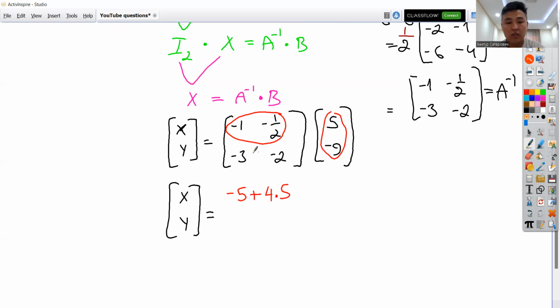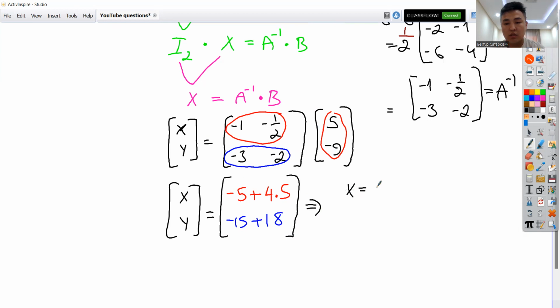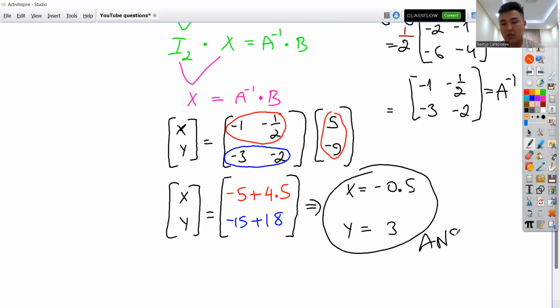Then the second row, -3 multiplied by 5 will give me -15. And then -2 multiplied by -9 will give me +18. From here, we can see our X is equal to -0.5, and our Y is equal to +3. So this is the final answer, but we need to double check it.